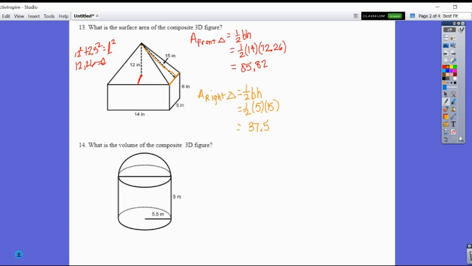Now, I'm going to go ahead and find the surface area for my rectangular prism. So surface area is 2LW plus 2LH plus 2WH. So 2 times 14 times 5 plus 2 times 14 times 6 plus 2 times 5 times 6.